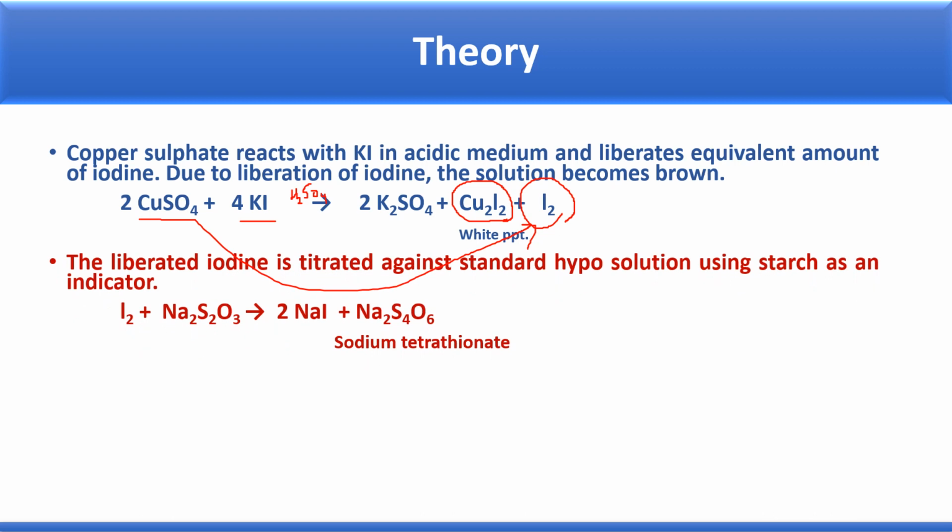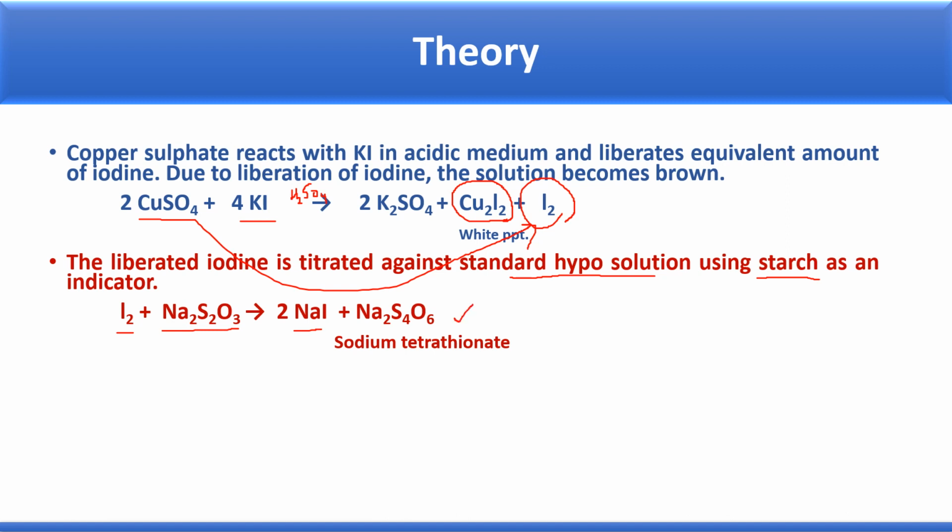This liberated iodine is titrated against the standard hypo solution using starch as an indicator. When we titrate this liberated iodine with the hypo solution, the iodine reacts with the hypo solution and a colorless solution of sodium iodide and sodium tetrathionate is formed.